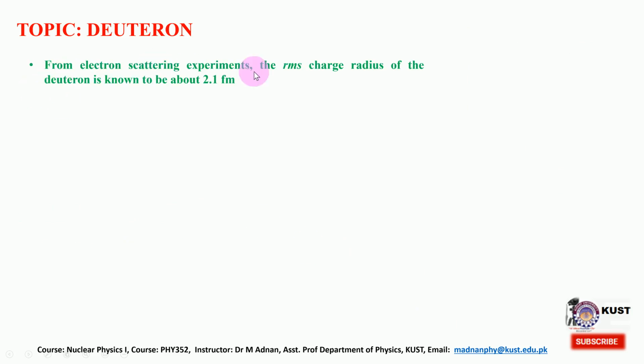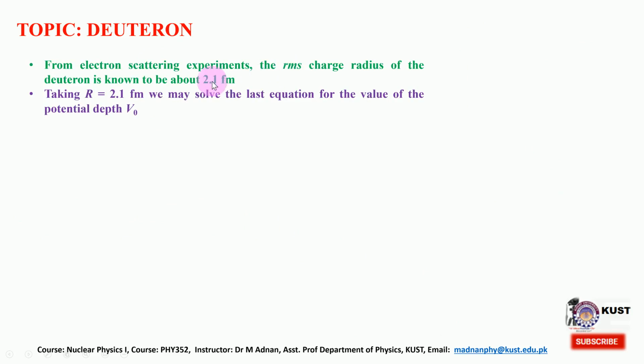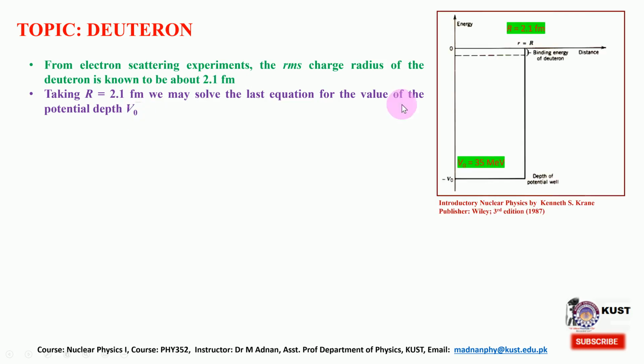Now, for the electron scattering experiment, the average radius is 2.1 femtometer, the capital R, so that this potential can be worked out, and this is a large potential, that is 35 mega electron volt, associated with the nuclear force through which they are interacting.